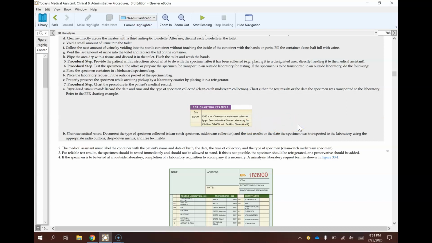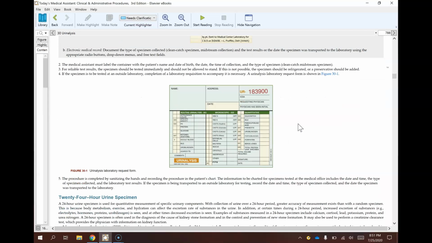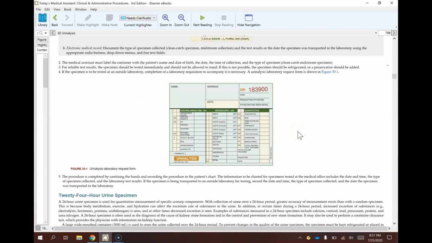So please familiarize yourself with that. Again, we talked about labeling the container. If the patient does not bring the sample directly to the lab, the medical assistant is required to fill out the request and to include that request with the patient's sample.